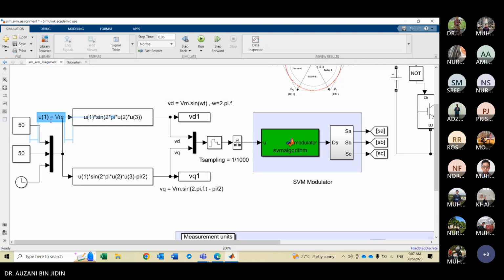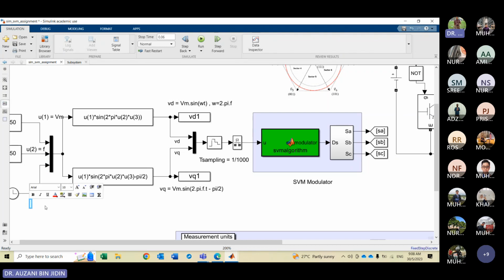Okay, U2 is the fundamental frequency. Okay, so you have U3, which is the time.